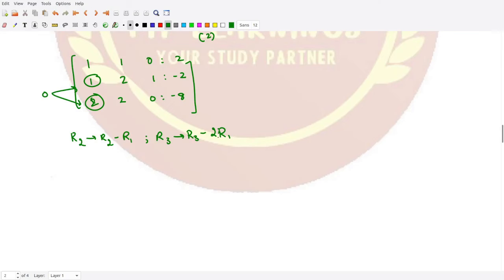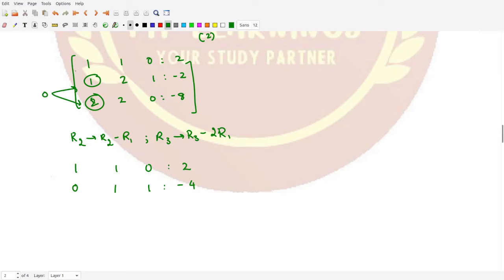So in both the cases we have to use the first row only. So the first row in this case would be as such. So let's just copy it down. For the second row it is 1 minus 1, that is 0, 2 minus 1 is 1, 1 minus 0 is 1, minus 2 is minus 4, right?